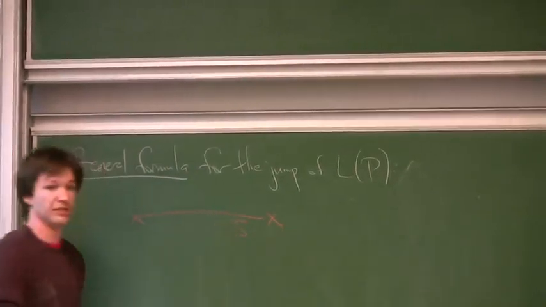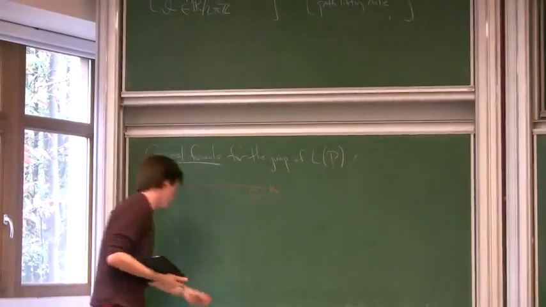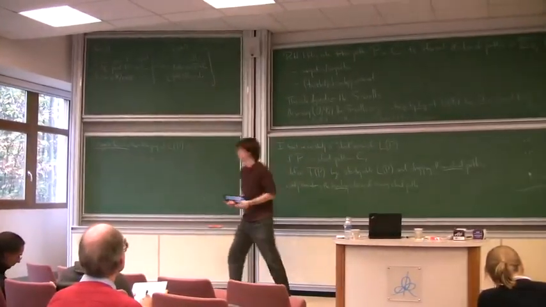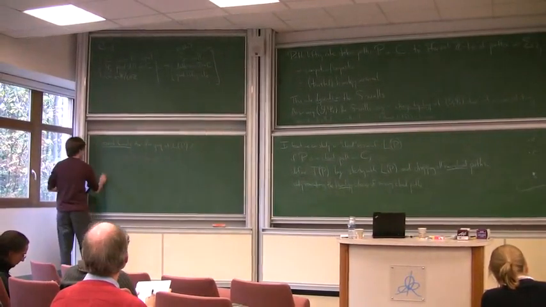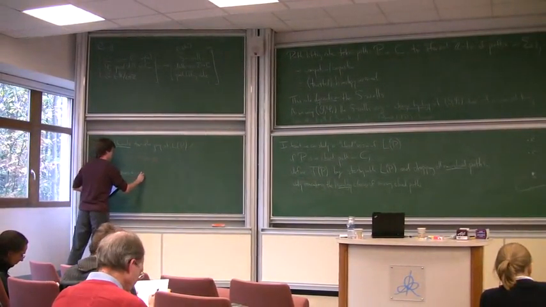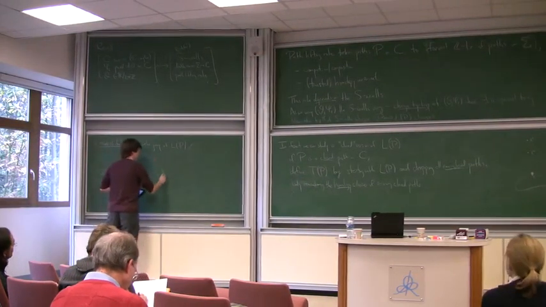Let me call this locus S. If I have a path that does not cross S at all, then nothing happens to it. If P doesn't cross S, then L of P doesn't jump.